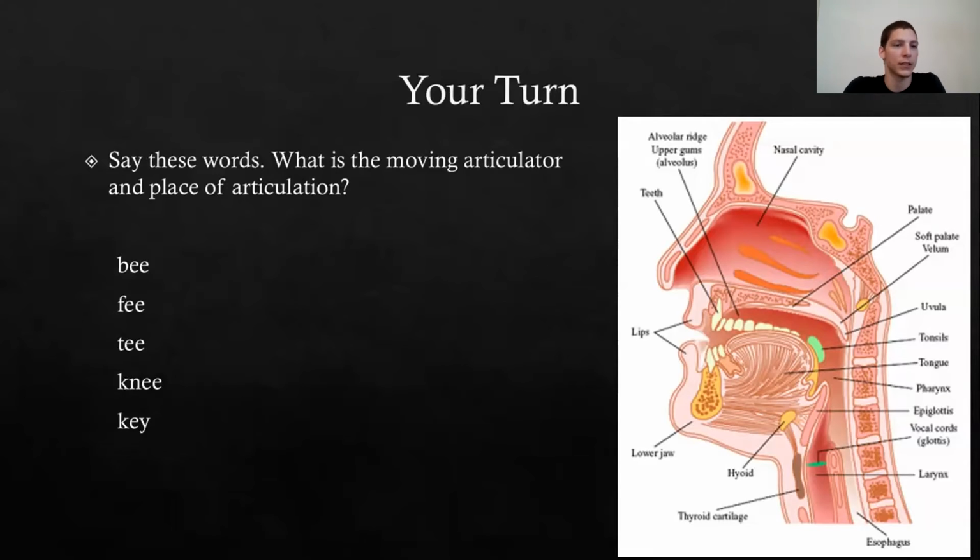It's either going to be your bottom lip or your tongue, and then think about what part of the mouth the moving articulator is touching.